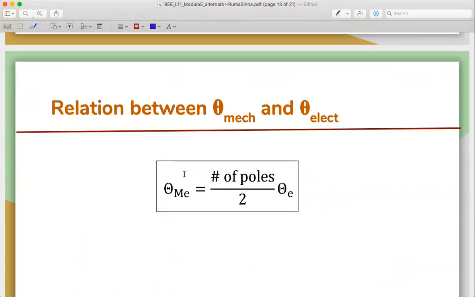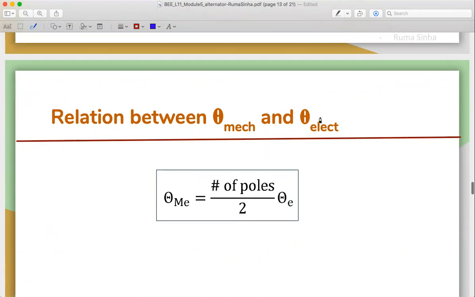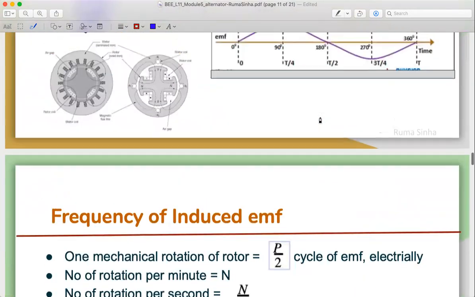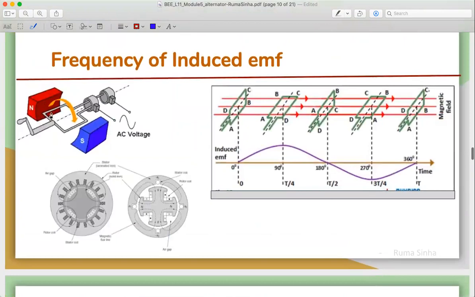We have already understood the relationship between mechanical angle and electrical angle. In two-pole machines, a complete mechanical rotation gives a single cycle. For a four-pole system, a complete rotation gives two complete cycles. With six poles, I get three complete cycles.